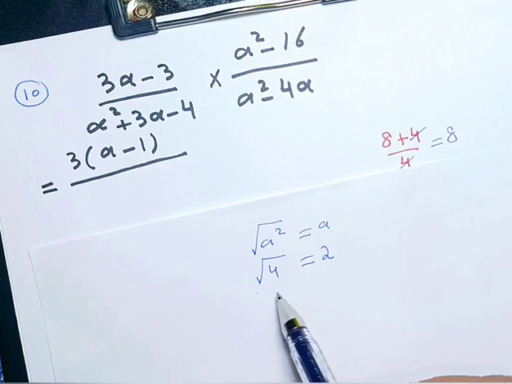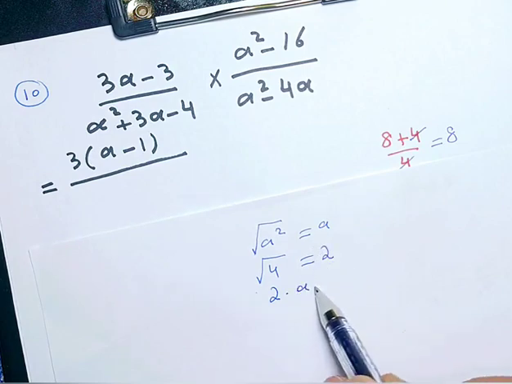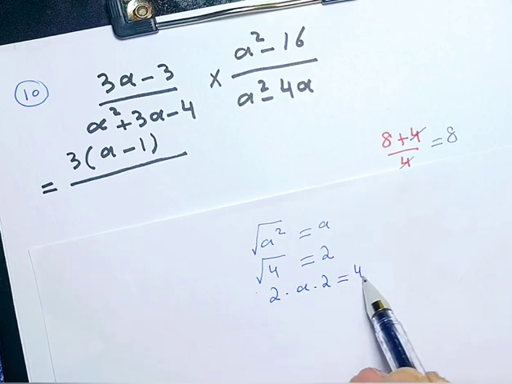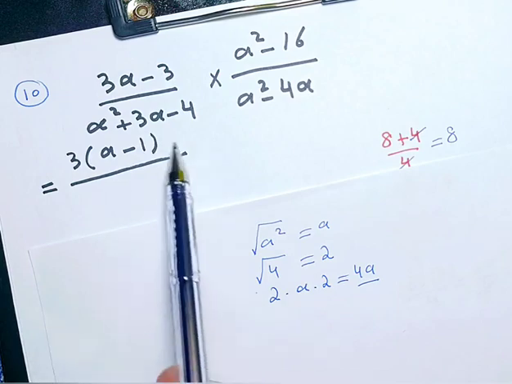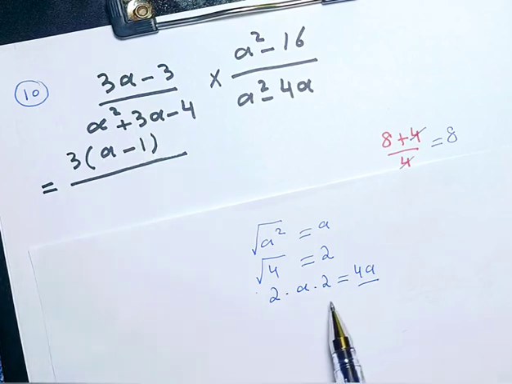Now you have to multiply by 2 to see if it is a perfect square trinomial. 2 times a times 2, the answer is going to be 4a. The 4a does not match the 3a, because this must be equal to the middle term. Which means I cannot apply the perfect square trinomial, because when I multiply by 2 it does not come equal to the middle term. So this is a simple trinomial, and I need to solve it in a simple way.